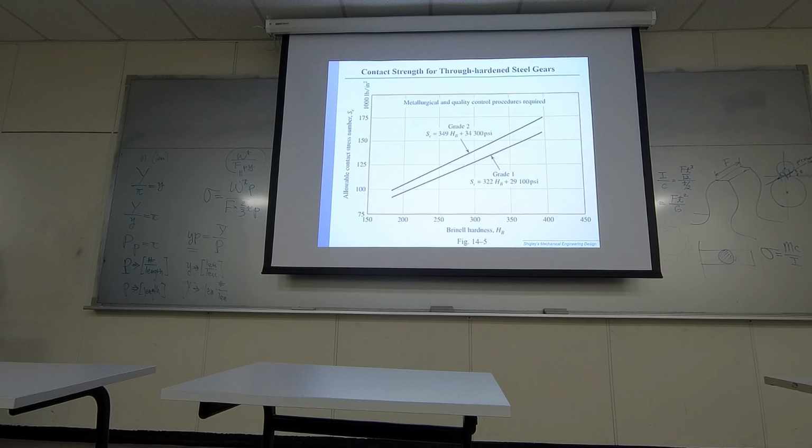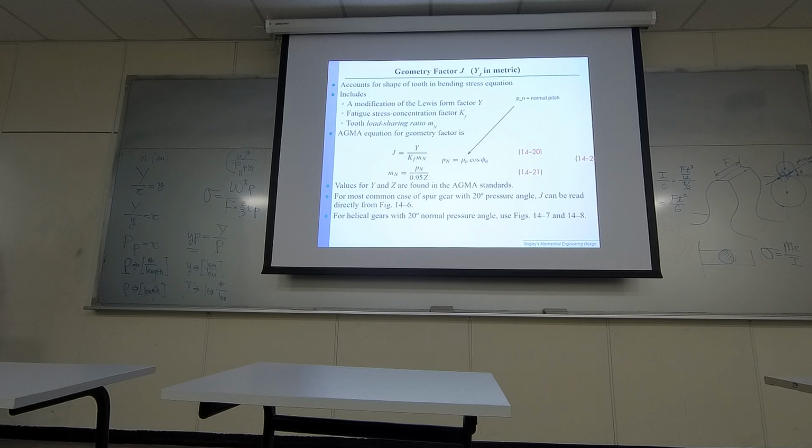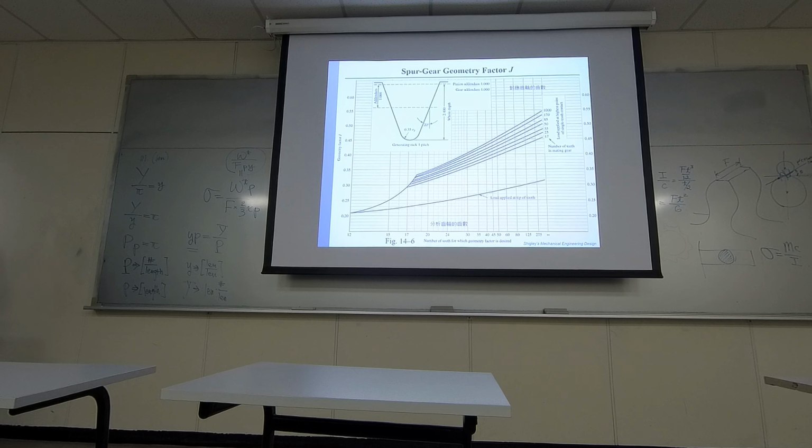And let's take a look at more parameters. Okay, geometrical factor. So this factor, J, is not the J that we know. It's not the I and J that we learned in the past.